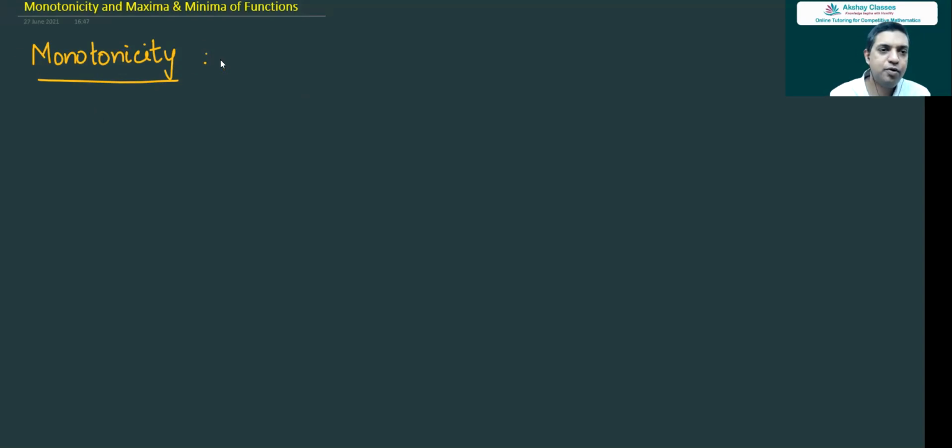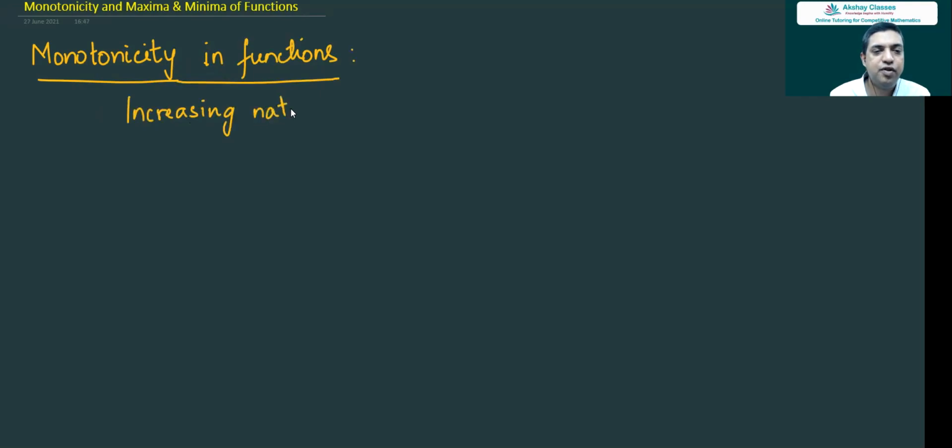So monotonicity in functions is referring to its increasing nature or decreasing nature of functions. A function is monotonically increasing or monotonically decreasing.